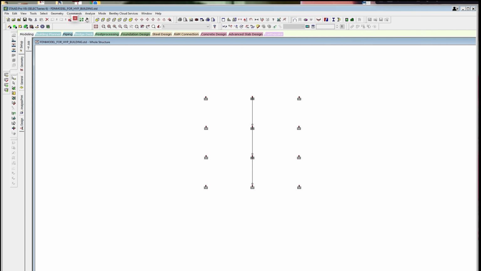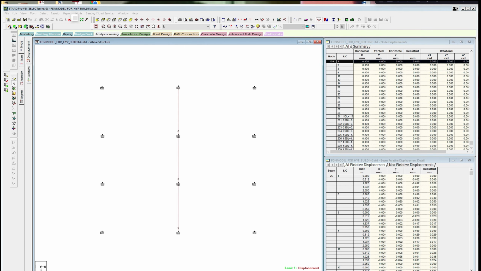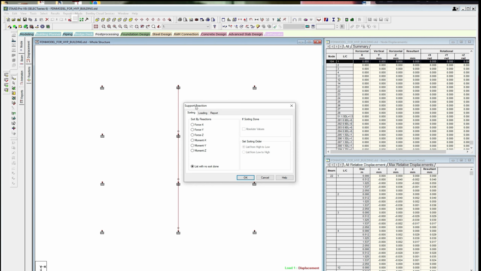Go to mode post processing. Select all the nodes. Report, support reaction. We have to take the loading off. These are the foundation load case combinations which are created: 1 DL plus 1 LL, 1 wall which is also a part of dead load, and then 1 line. So we will take this reaction.